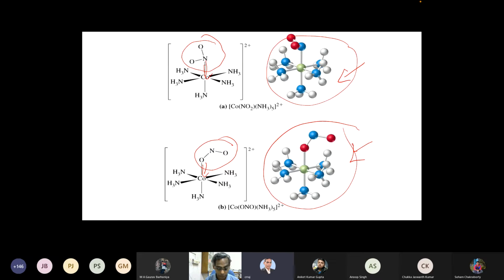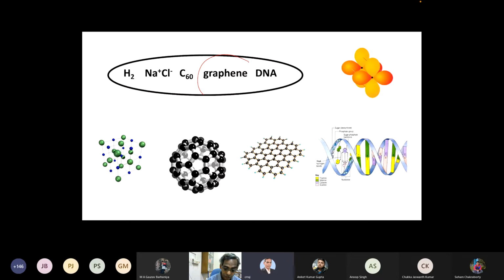It's not only limited to that. We have hydrogen gas, sodium chloride that I have already mentioned, and fullerene, the ball-like material C60, and graphene, right? Recently we have seen graphene, the wonder material, pure carbon, nothing else. And then we have DNA, right? Now you understand, with the coronavirus, the sequencing of the genome.